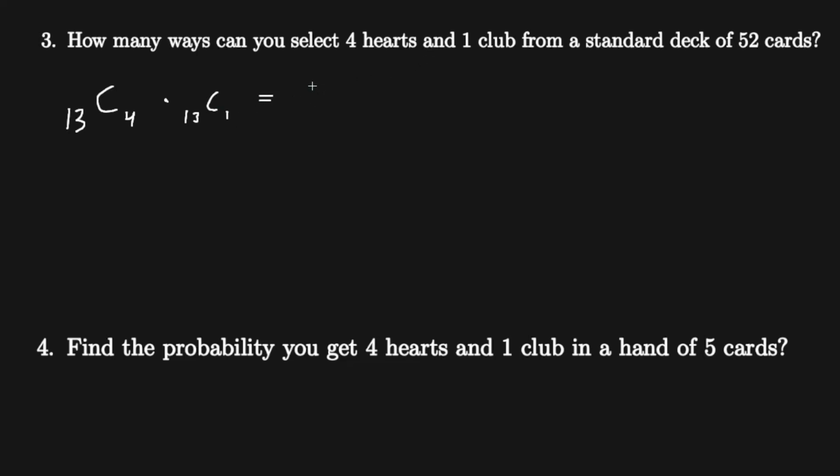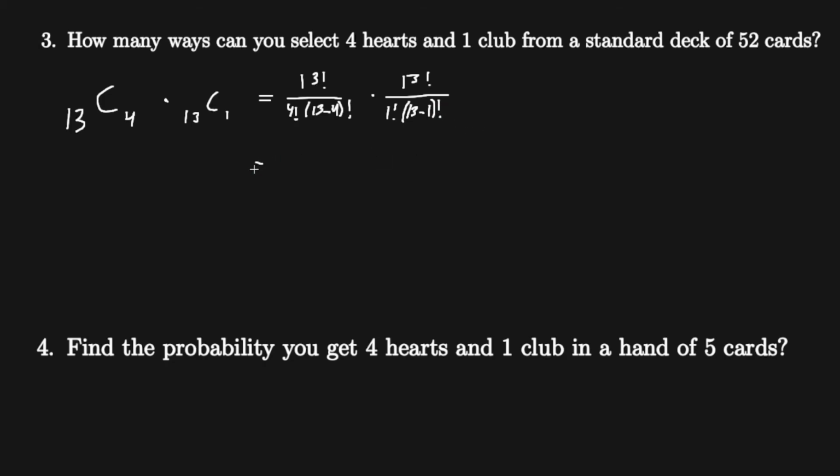Now we can solve this by combination, giving us 13 factorial over 4 factorial times 13 minus 4 factorial, times 13 factorial over 1 factorial times 13 minus 1 factorial.